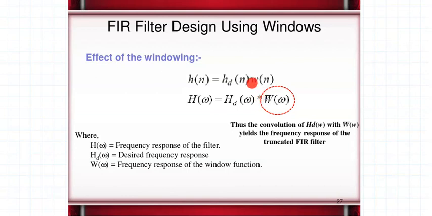So multiplication in time domain becomes convolution in frequency domain, where H(ω) is the frequency response of the designed filter, Hd(ω) is the desired frequency response which is obtained from the filter specifications, and W(ω) is the window frequency response.